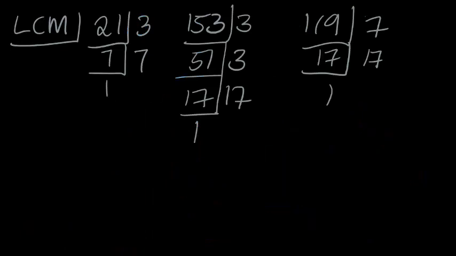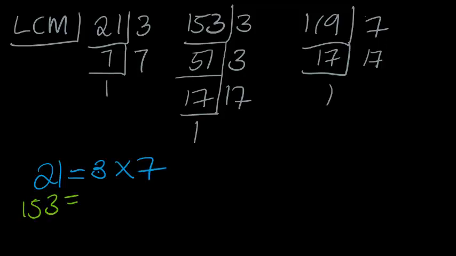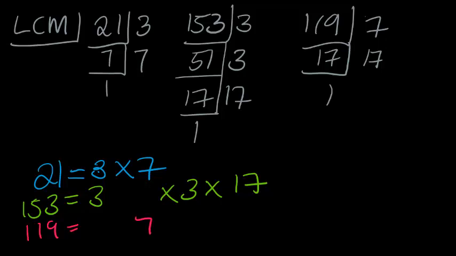These are the factors for 21, 153, and 119. So 21 is technically equal to 3 times 7. 153 is equal to 3 times 3 times 17. 119 is equal to 7 times 17.